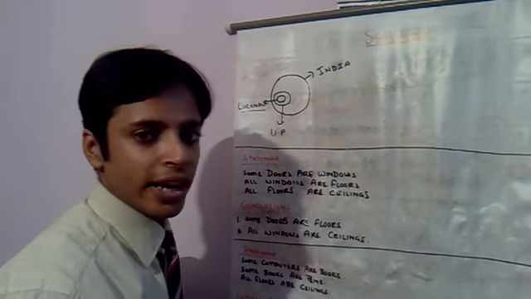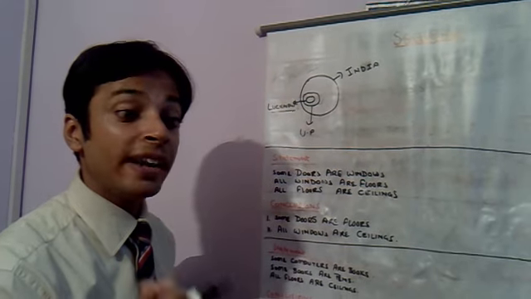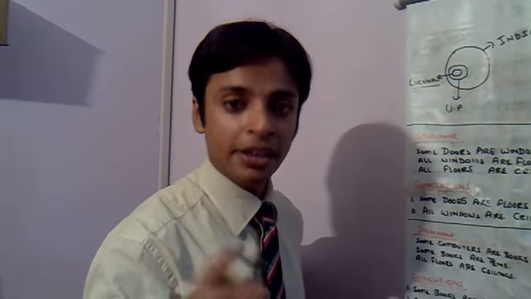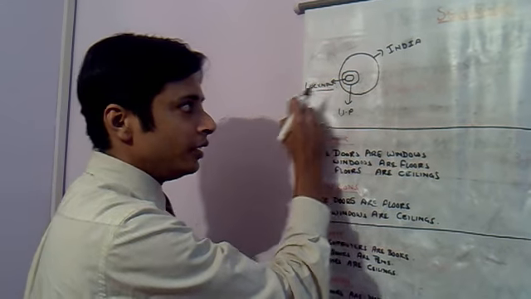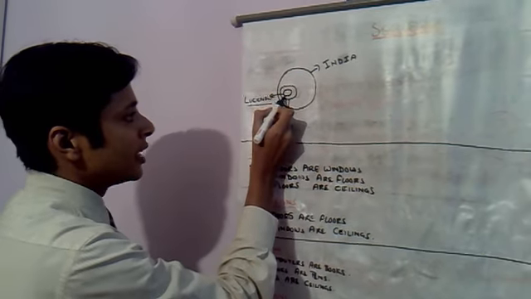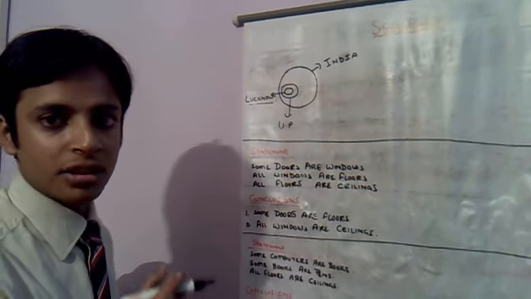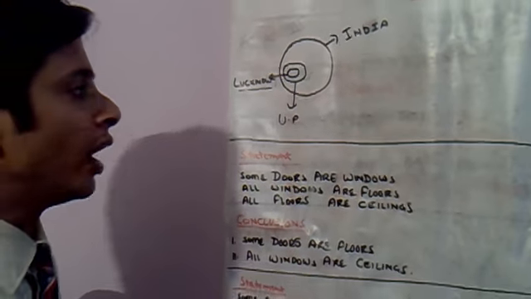Now if I say Lucknow, as you can see, Lucknow would find a place in UP and in India. So this is Lucknow, the third circle, the smallest circle rather.